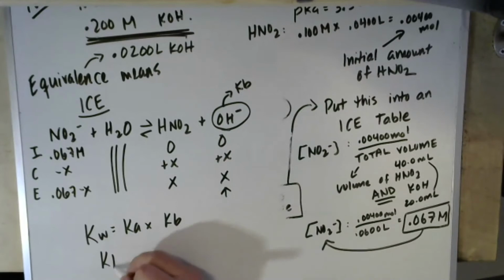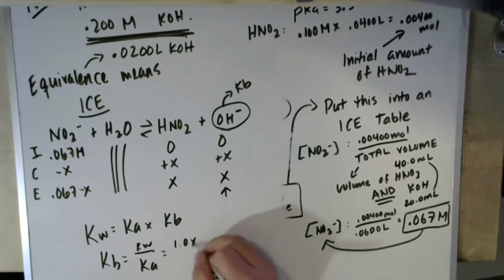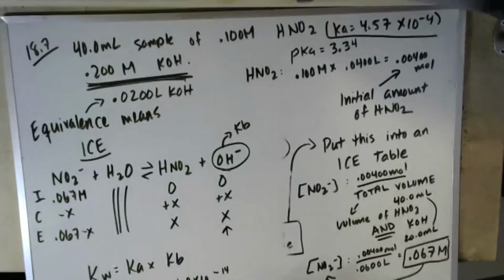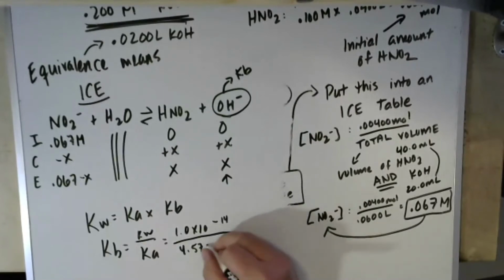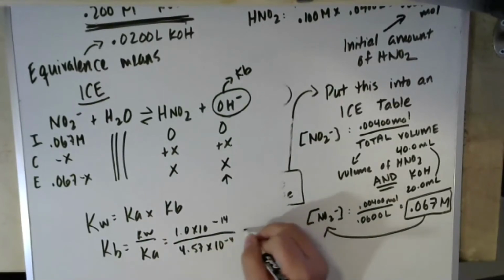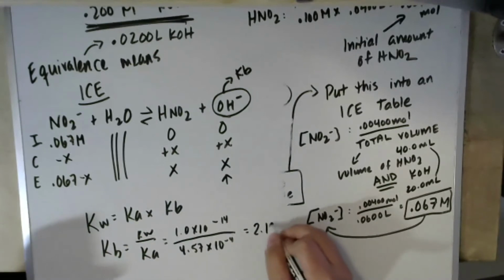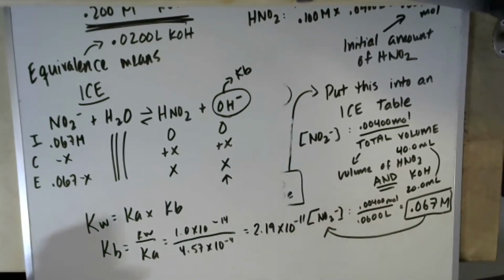So our Kb is going to be equal to Kw divided by Ka, or 1.0 times 10 to the negative 14 divided by our Ka, which they gave us in the problem, 4.57 times 10 to the negative 4. So we get like 2.19 times 10 to the negative 11 as our Kb value.